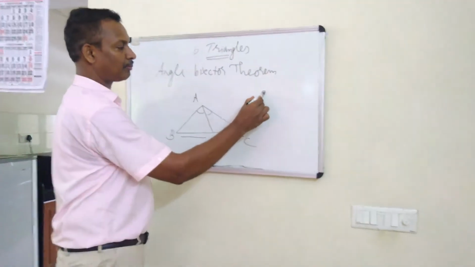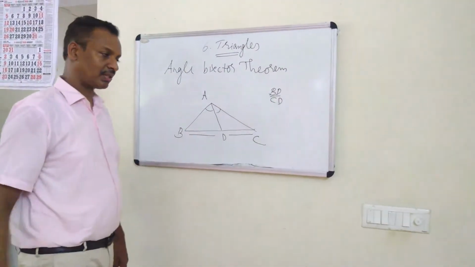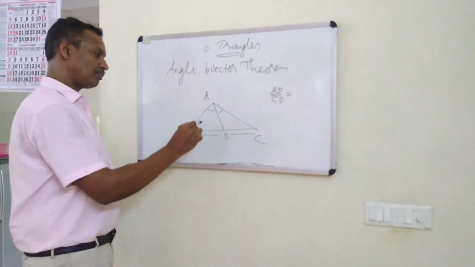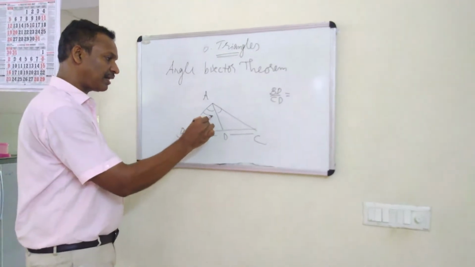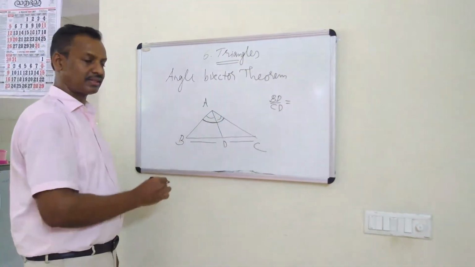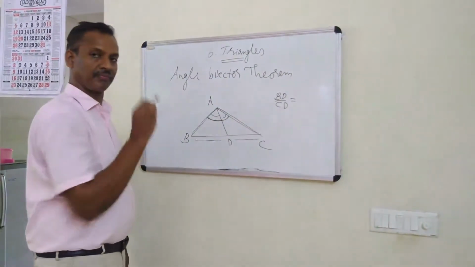That ratio BD by CD is also equal to the ratio of the sides by which angle A is made. We all know that angle A is made by the sides BA and AC.